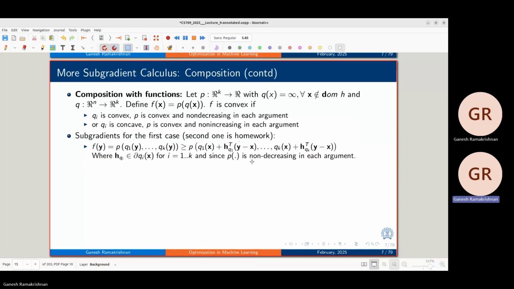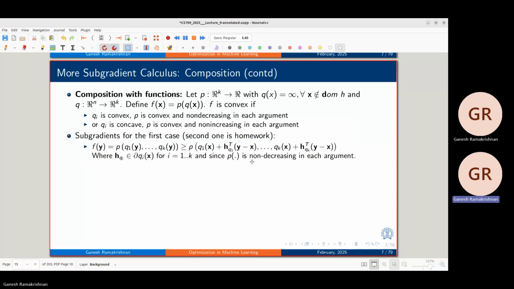P of Q1x plus HQ1 transpose (y minus x), comma, Q2x plus HQ2 transpose (y minus x), and so on, up to QKx plus HQK transpose (y minus x). This is clear. Now what do you do next?